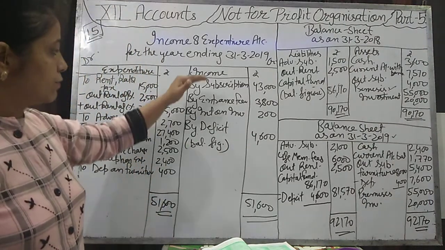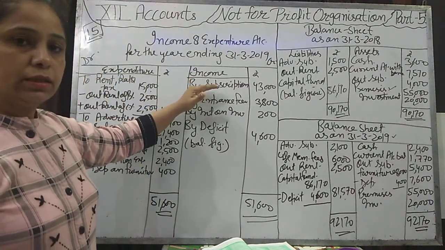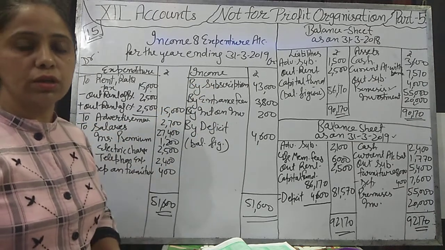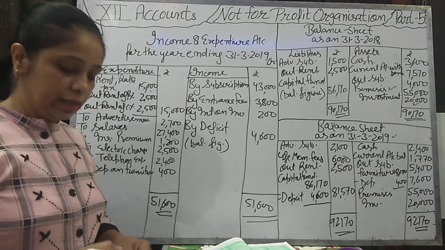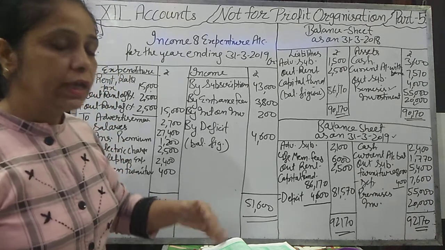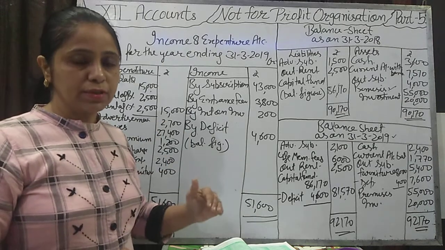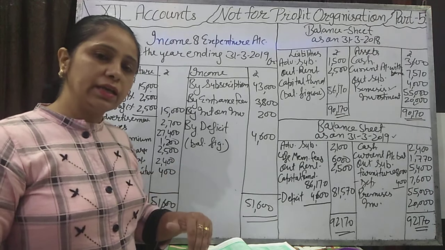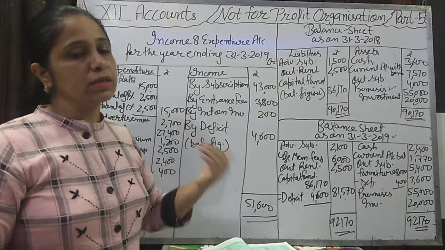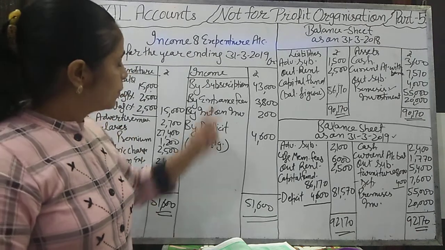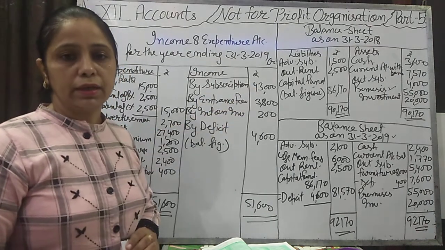There is a formula related to this: in subscription we will add the outstanding subscription of the current year and deduct the outstanding subscription of the previous year. And the prepaid subscription we reverse. We will deduct the prepaid subscription of the current year and add the prepaid subscription of the previous year. Then also you will get the same amount.